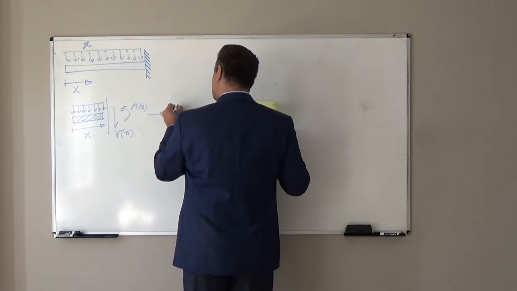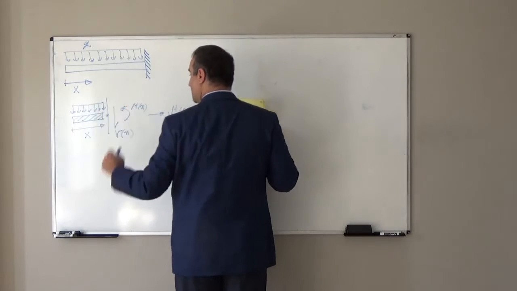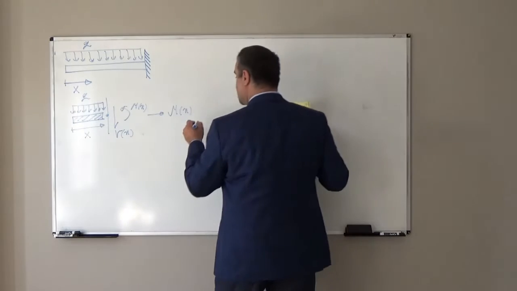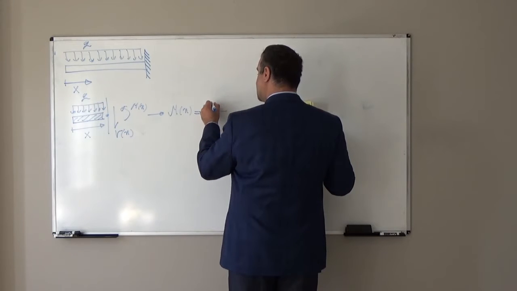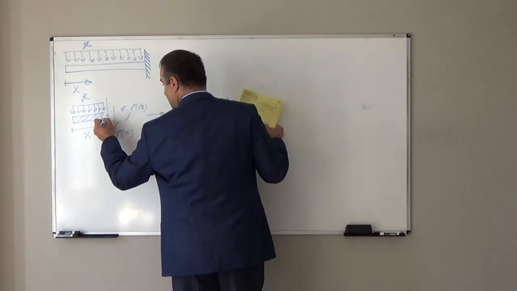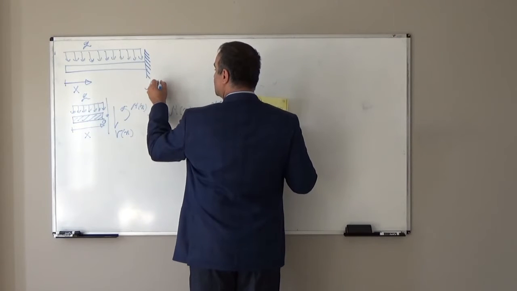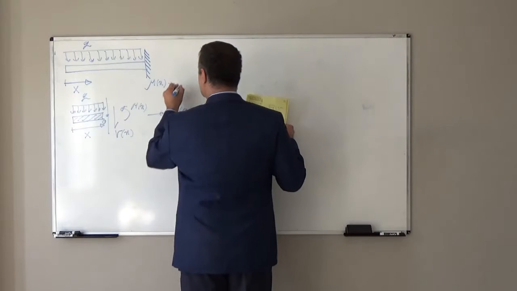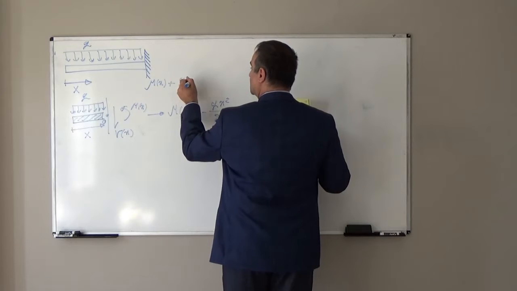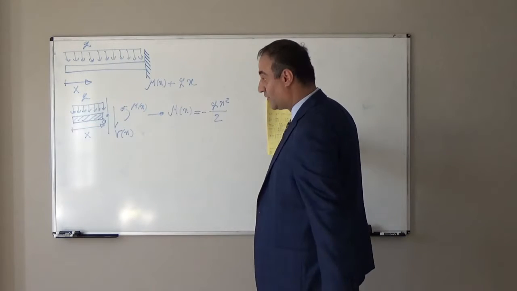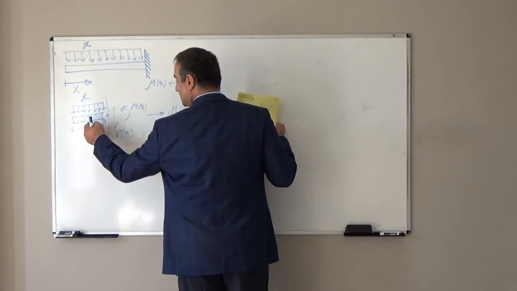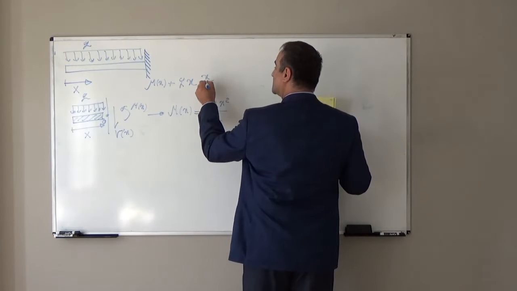From here, if I take moment with respect to cut point O, I will end up with, because this intensity is Q, Mx is equal to negative Qx squared over 2. Why? Because if I take moment with respect to O, Mx plus Q times x, so Q times x will be the force, that resultant force will be at mid-span, so it will be at x over 2.